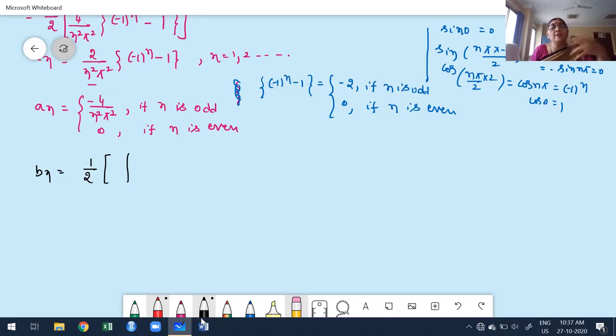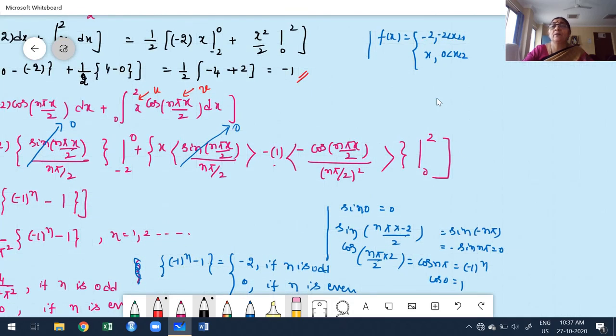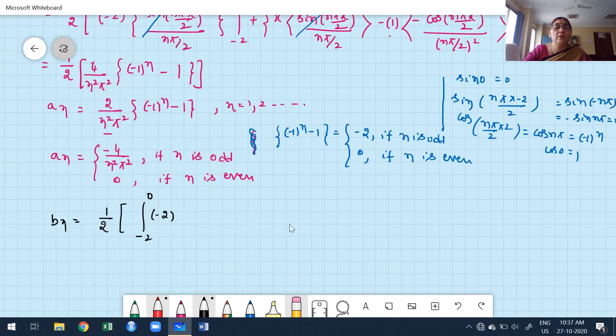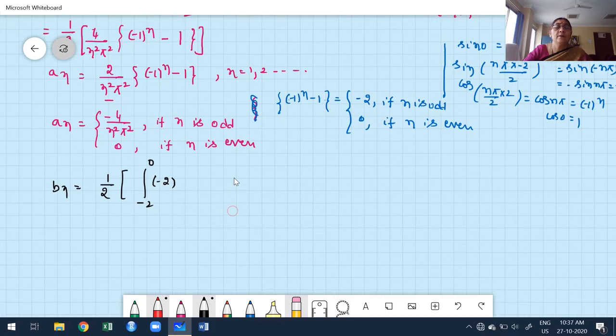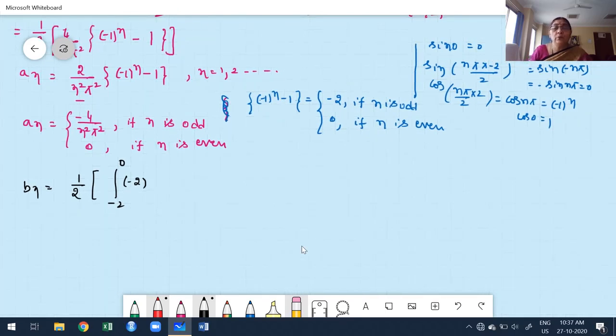Split the integral: the entire integral is from minus 2 to plus 2, so minus 2 to 0 and 0 to 2. Observe here, what is my f of x? It is minus 2 from minus 2 to 0, and x from 0 to 2.